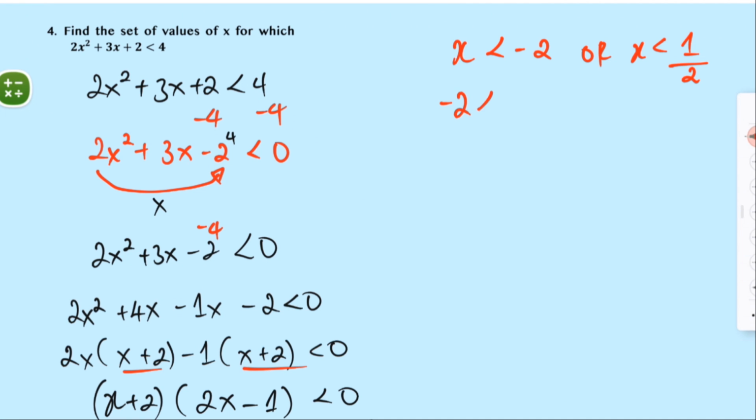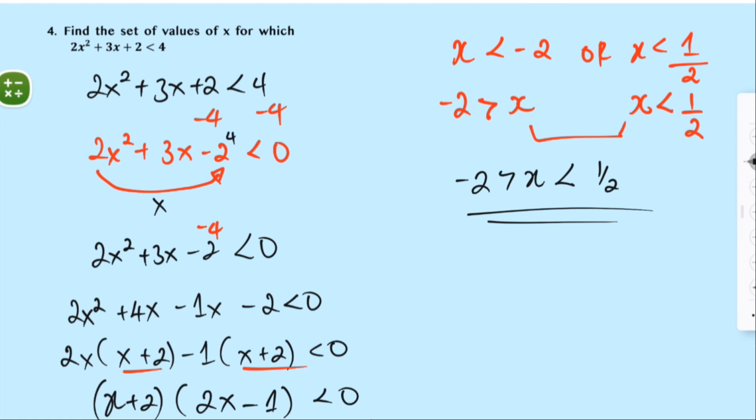So -2 less than x, and then we have x less than a half. Okay, perfect. So we have x in the middle. We combine it to get our interval: -2 less than x, but x less than a half.